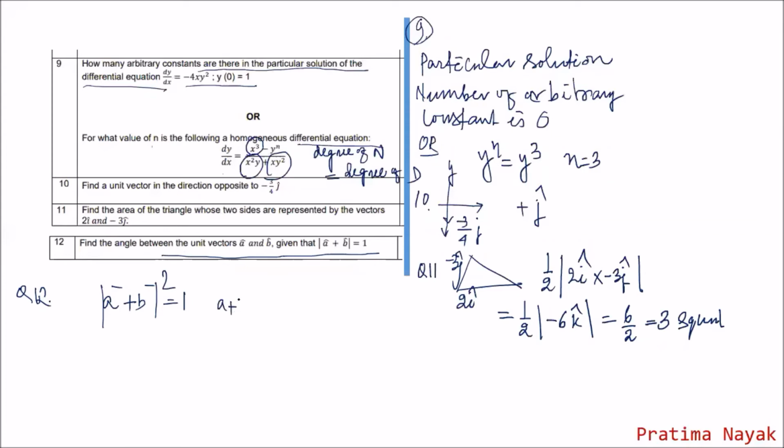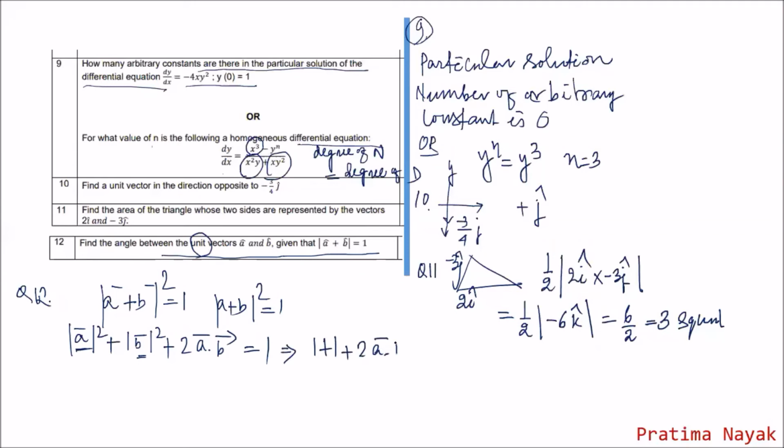A plus B magnitude square is equal to 1, and you know how the magnitude square is calculated: magnitude A square plus magnitude B square plus 2A dot B is equal to 1. And they are unit vectors, which means this is 1, this is 1. So this gives you 1 plus 1 plus 2 A dot B is equal to 1.